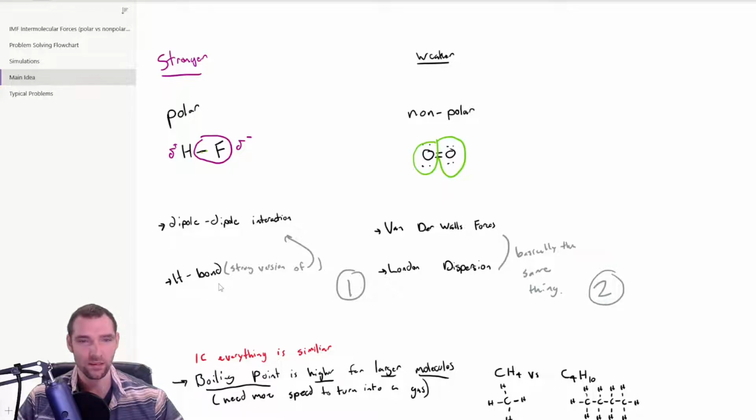So if you can think, okay, these are both for polar molecules, and hydrogen bonds are just a type of dipole-dipole interaction, that's very helpful. So if we have water, it's going to form hydrogen bonds with other water, right? There's going to be some other water here. There's going to be some electrons on one side and a lack of them on the other.